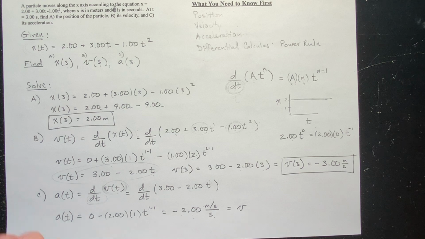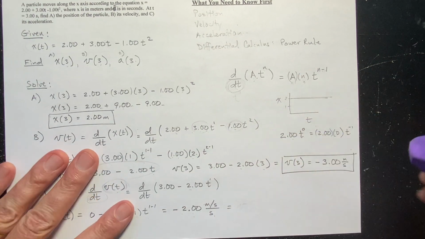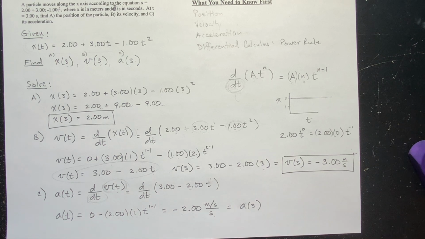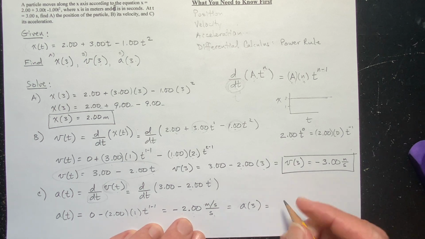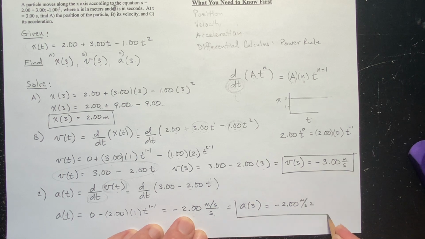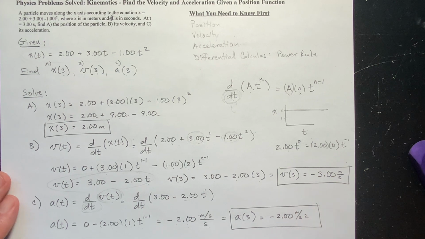So the acceleration at 3 seconds or at any time t, the acceleration is a constant: negative 2.00 meters per second squared. And there you go. Here's our answer to all 3 problems.